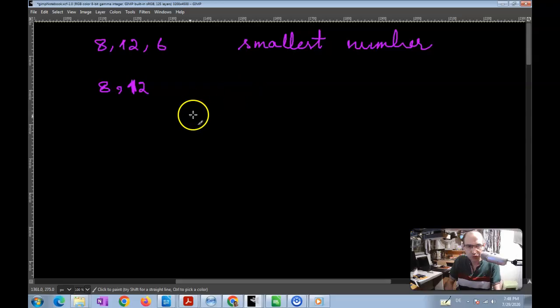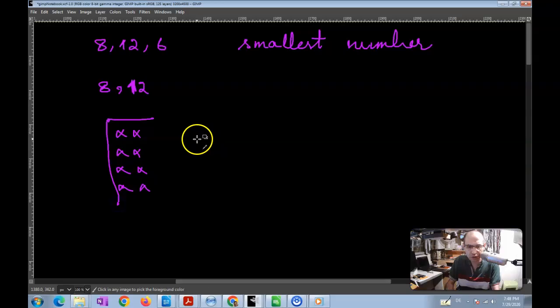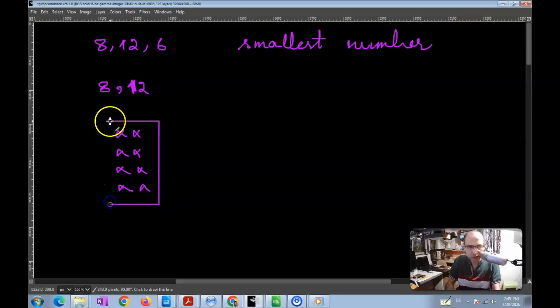Now, one way to do this is to say that an 8 represents, for example, 8 beats. That's one of the models that we use for our numbers. So an 8 would be 2, 4, 6, and 8 beats over here. So that's an 8, right?